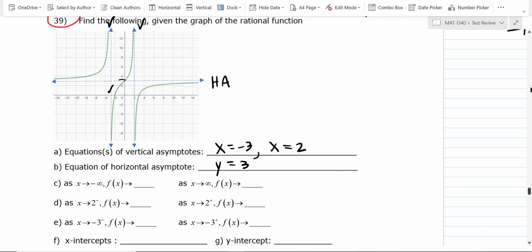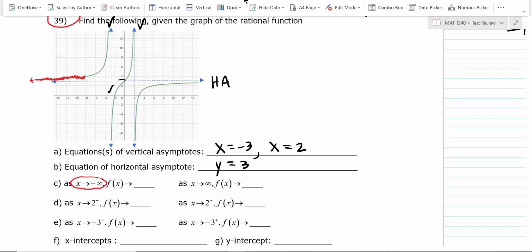Now let me go over this terminology on parts C, D, and E. Okay, this is easy, but you have to study and review how to do this. So if x is, that arrow says you're moving to -infinity. All this means is if the graph is going forever to the left, what's happening to my y value? My y value is getting close to what number?